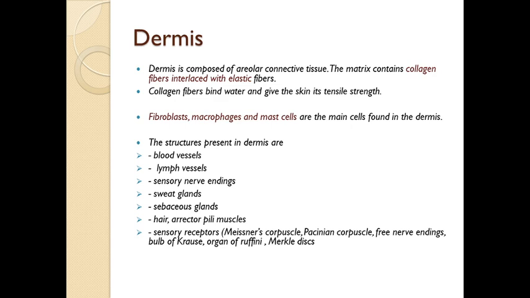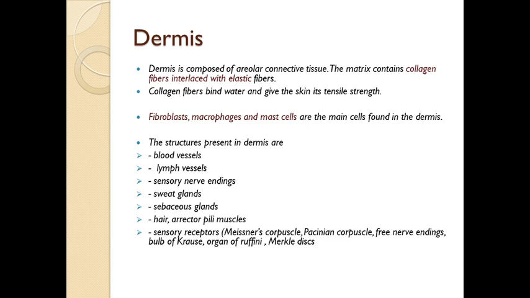The matrix contains collagen fibers interlaced with elastic fibers. That means simply the matrix contains collagen fibers connected with elastin fibers. Collagen fibers bind water and give the skin its tensile strength. So tensile strength of the skin is mainly, not the only thing, but mainly provided by collagen fibers.